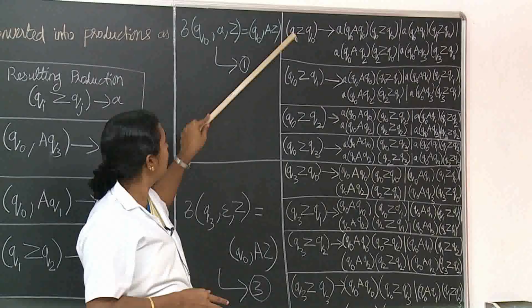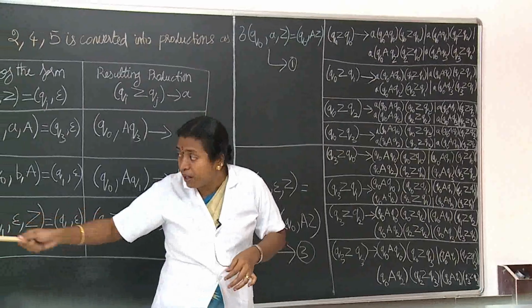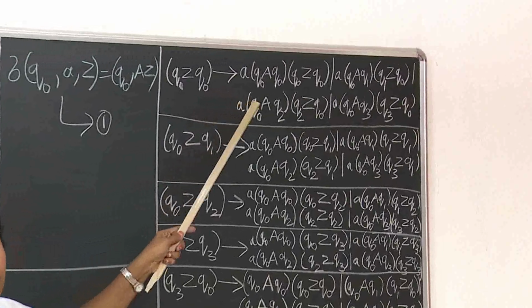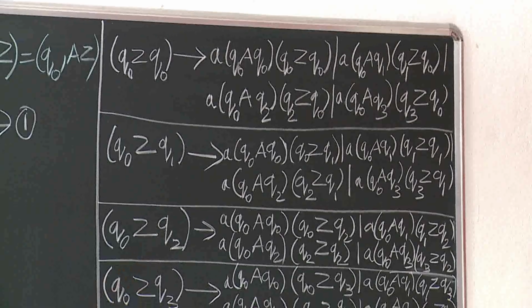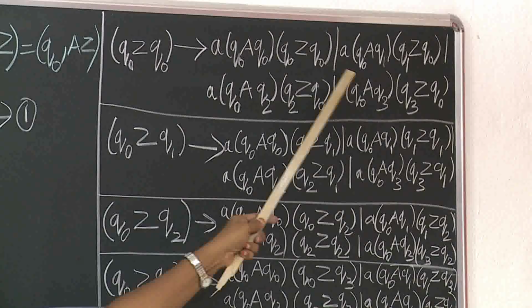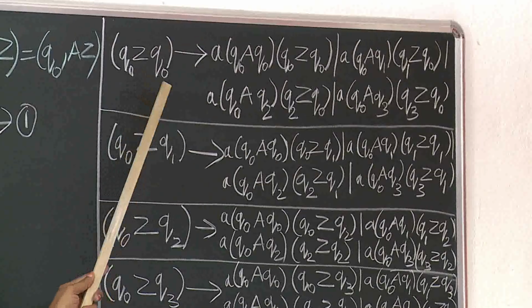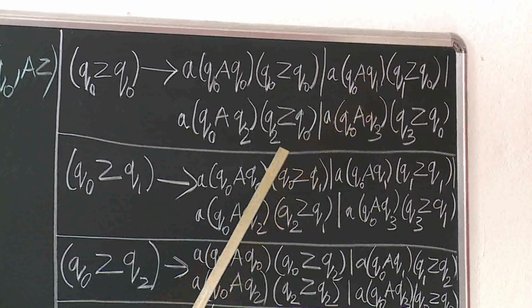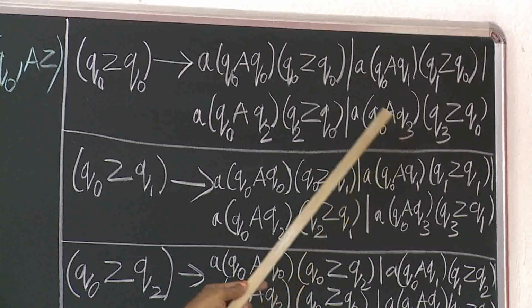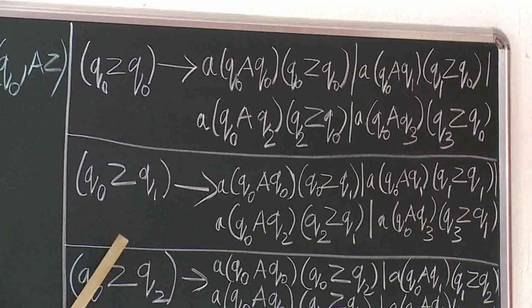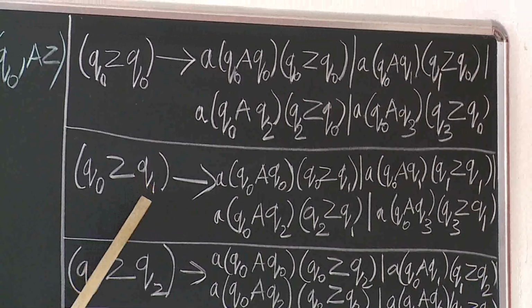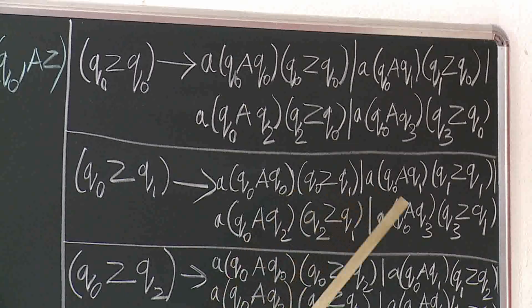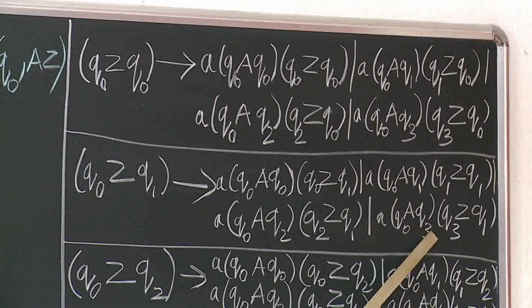So the K and L, as we have already seen in the formula, this will be the K and this will be the L. It will take all the possible values. We change the K value in this series and we change the L value in this series. First we keep K as 0 and change the L value Q0, Q1, Q2, Q3. Now again we change the K value to 1, keeping this the same, and change the L value Q0, Q1, Q2, Q3.